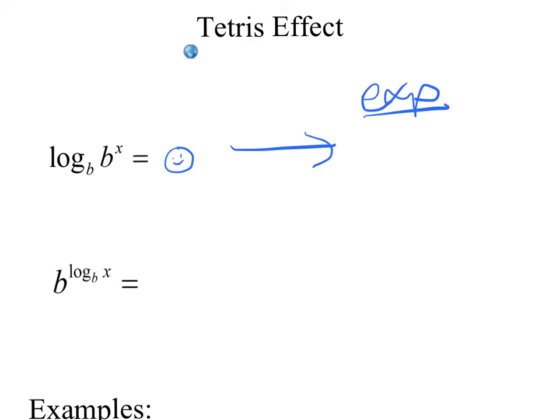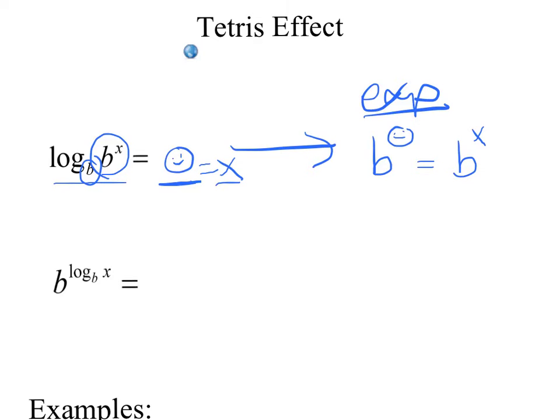In exponential form, I take my base, and remember, logarithms equal your exponent, so my exponent is smiley face, equals what's inside the logarithm, b to the x. Notice again, my bases are the same. That means smiley face has to equal x. So when you have log base b of b to the x, it equals x.